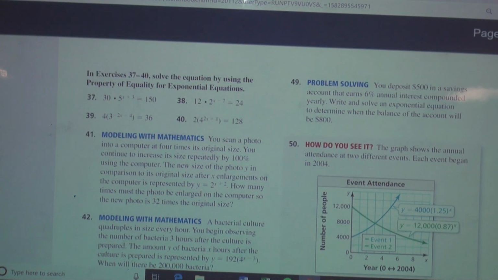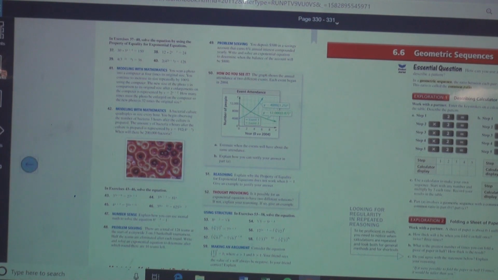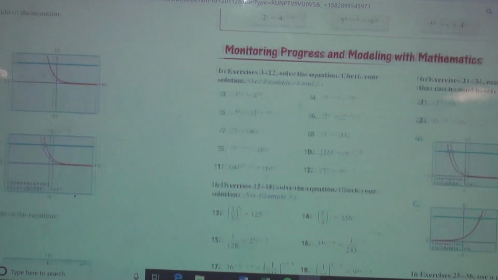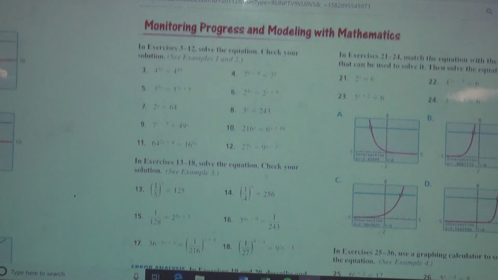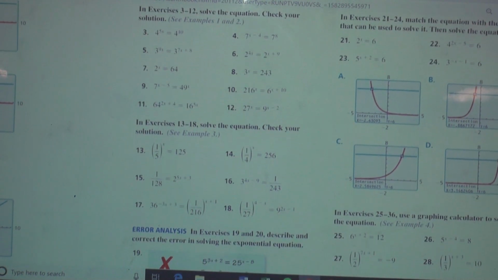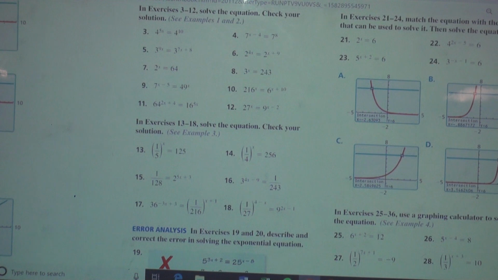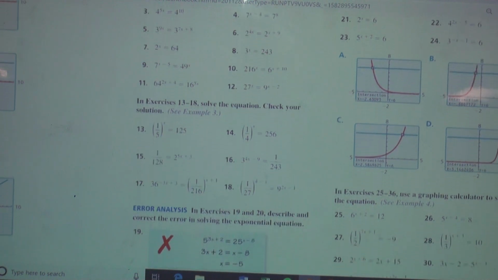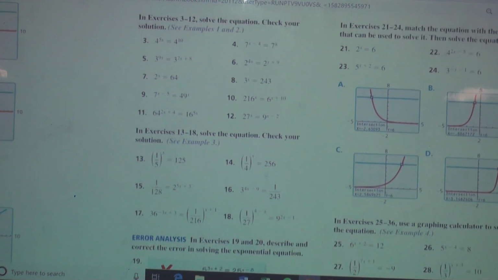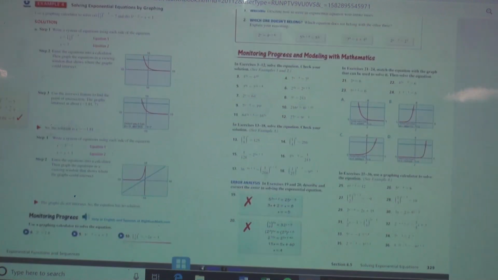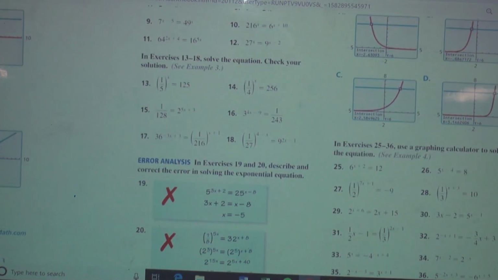I'm going to have you do one word problem, of course, because that's just the kind of guy I am. All right, so your homework is page 329, problems 3 through 17 odds. Then I want you to go to page 330 and do 37, 39, and one word problem, 42. Okay? You'll find all this on Schoology as well. So 3 through 17 odds, then 37, 39, and 42.